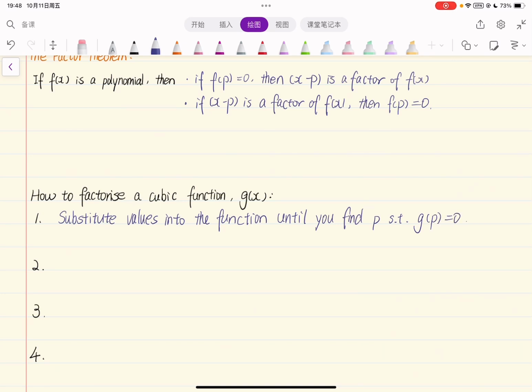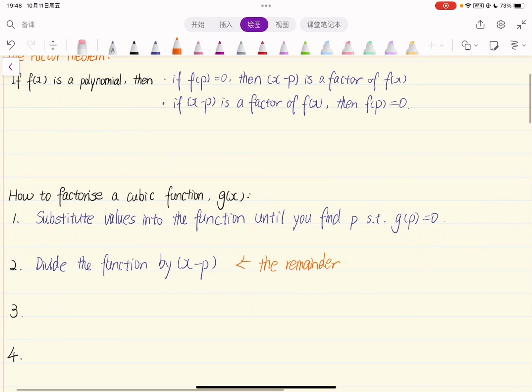In the second step, you need to divide the function by x minus p. Be aware that here the remainder, after you use the long division, equals 0, since x minus p is a factor of g(x).